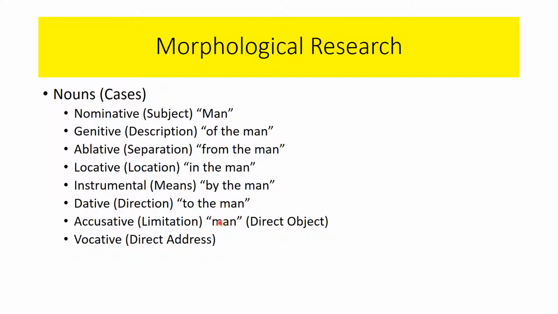The accusative case is a case of limitation, and that's the direct object. So when we use the word man as a direct object, that's the accusative case. He saw the man. Man is a direct object limiting what he saw. So that's why it's called the case of limitation. So the direct object is limitation.